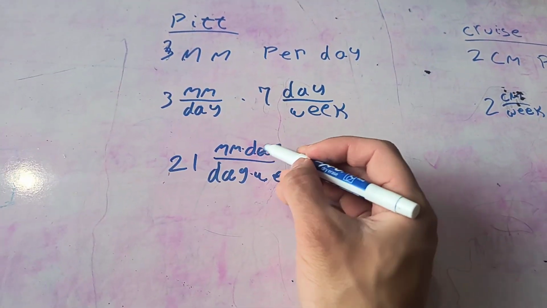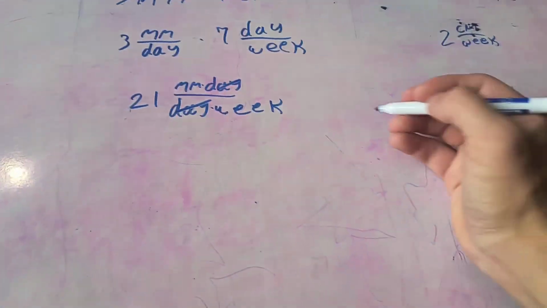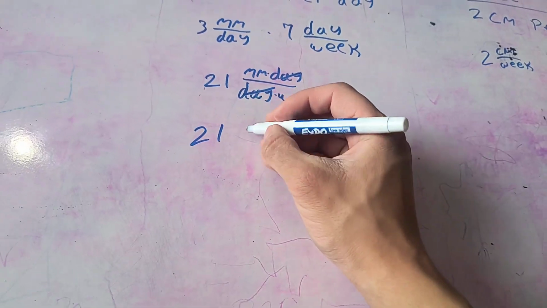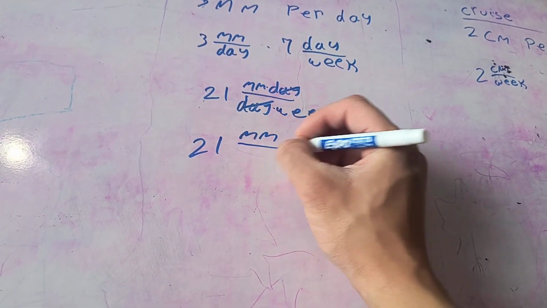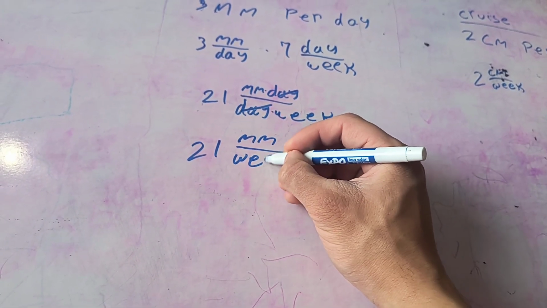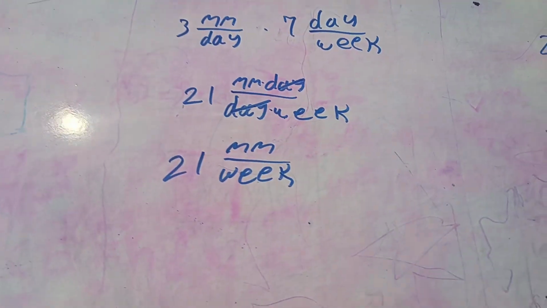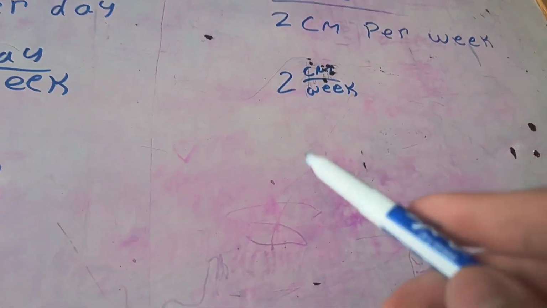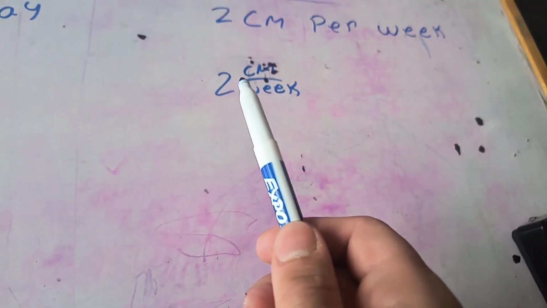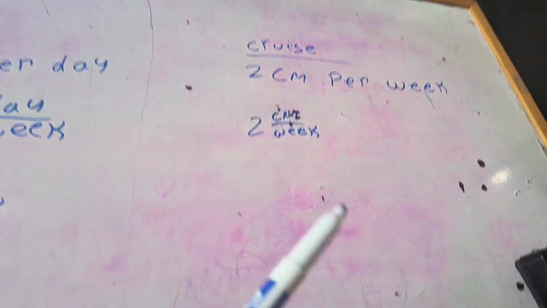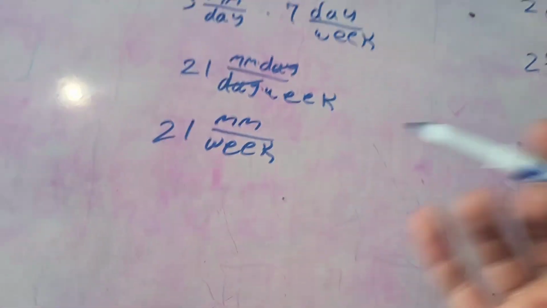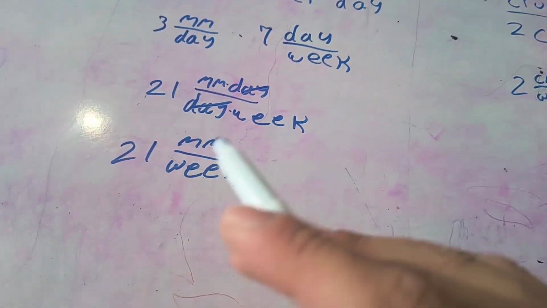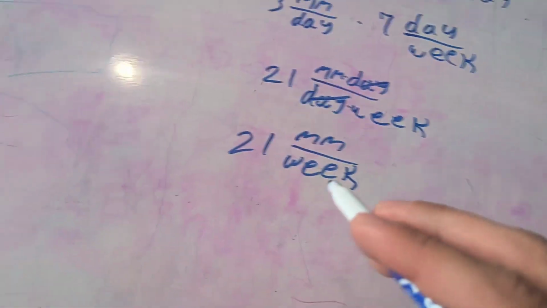Since the days cancel out each other, we'll just get 21 millimeters a week. So it grows 21 millimeters a week to Tom Cruise's 2 centimeters a week. But this still isn't in centimeters, so we've got to turn this into centimeters.